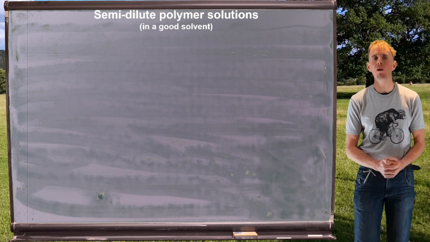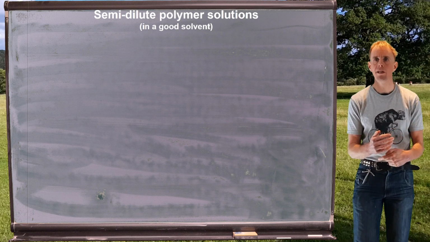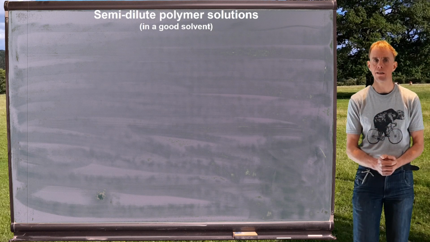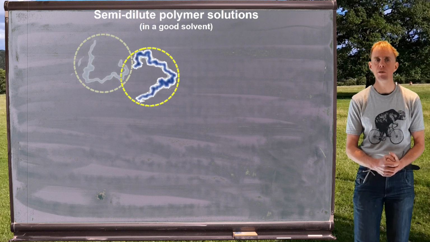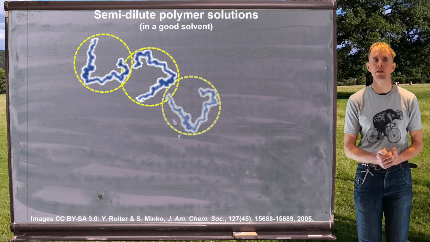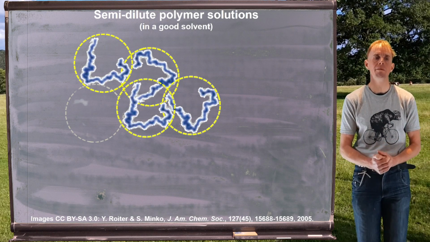If we add a bit more polymer, we move into a different regime. If we add more polymer, the polymers probably start to impinge on each other a little bit. And this is the regime that we call the semi-dilute regime. Again, the images I'm showing are for a good solvent, the polymer chain conformation's nice and open.